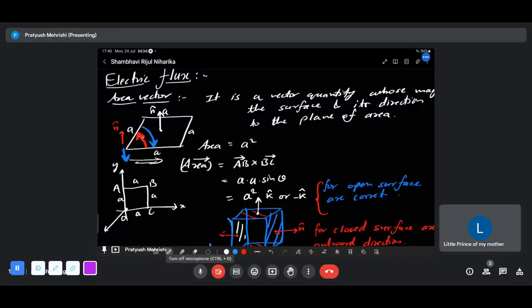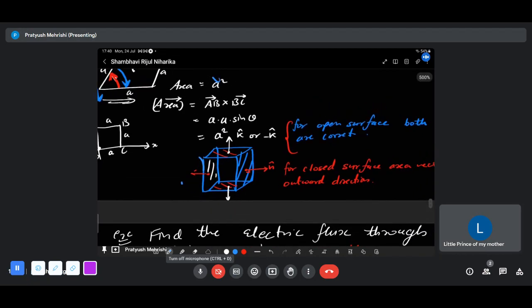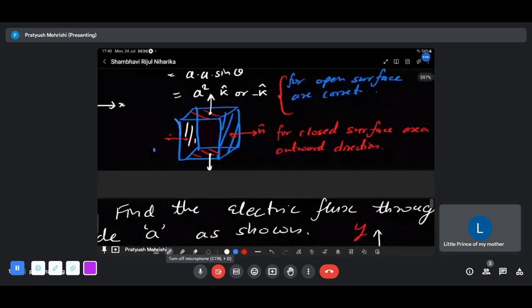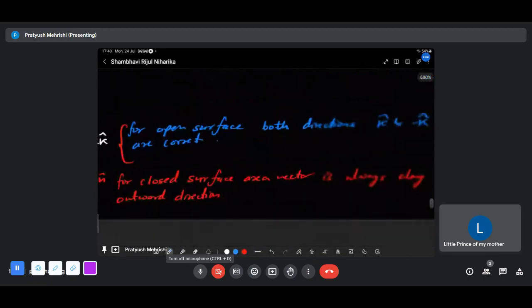This is area. This will come out as AB sine theta. It means what? A square K cap or minus K cap. For open surface, we can take both of them. But for closed surface, we can take only one component which is outside the spherical body.